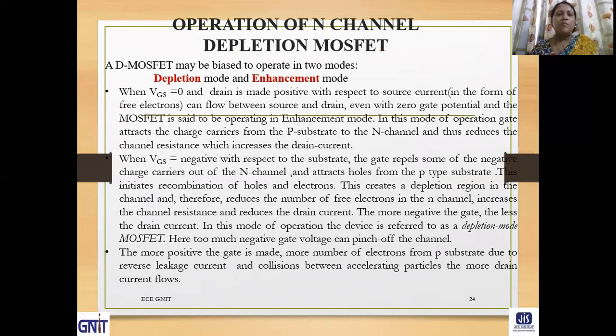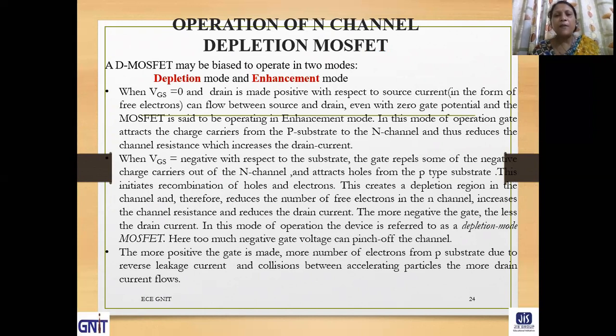So a DMOSFET may be biased to operate in two modes, depletion mode and enhancement mode. When VGS is 0, the drain is made positive with respect to the source. Current can flow between source and drain even with zero gate potential, because a channel is already there.